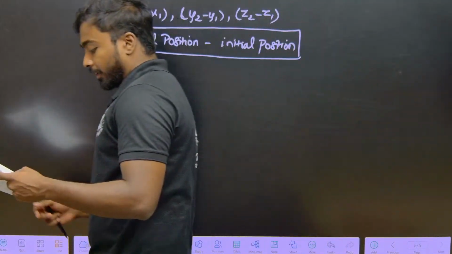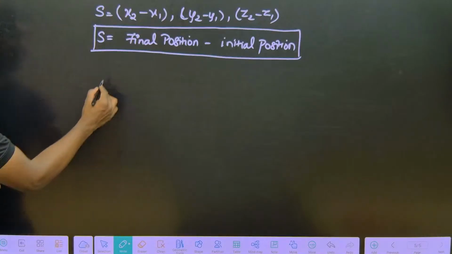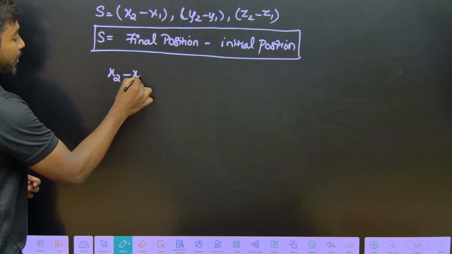Let me tell the problem, you will note it down. If a particle moves from x1 equals 4 meter to x2 equals 12 meter, what is the displacement of the particle? x2 minus x1.